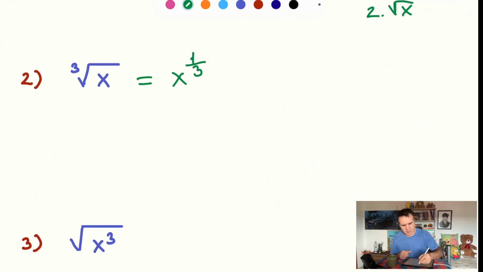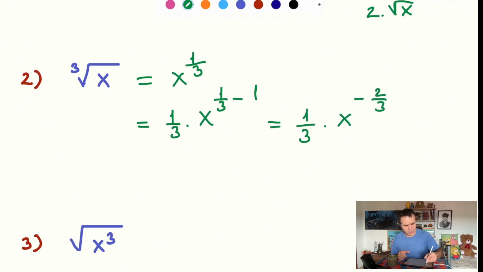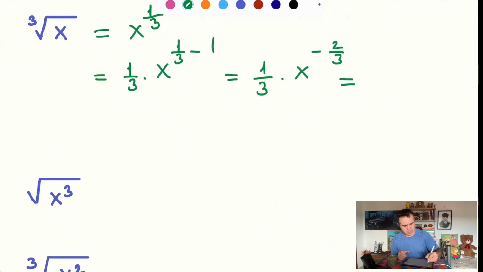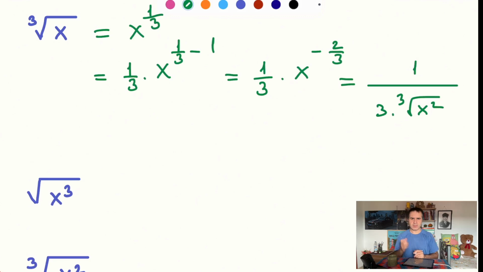Then take the exponent as coefficient, and this will be equal to 1 over 3 times x to the power of 1 over 3, and then subtract 1 from the exponent. Then it will be 1 over 3 times x to the power of minus 2 over 3, and we can write it as 1 over 3 times cube root of x square.